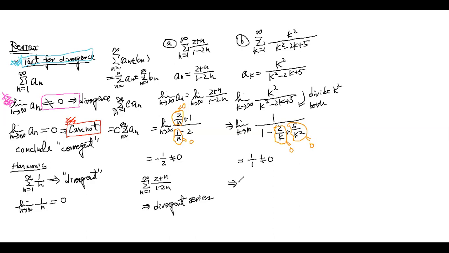So for the test of divergence, the sum from k equals 1 to infinity of k squared over (k squared minus 2k plus 5) is a divergent series, right? That's the test of divergence. It's a very easy test.